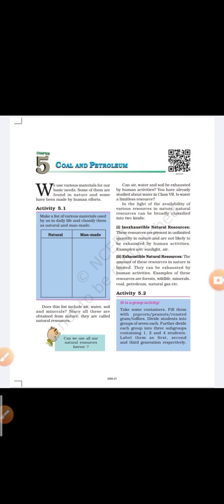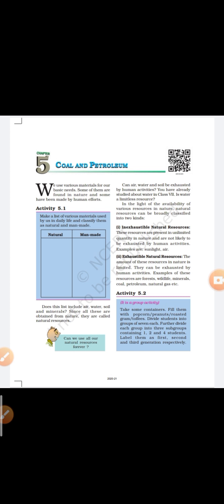So the materials we use in our daily life are classified into two broad categories: natural or man-made. Suppose you are using water in your day-to-day life, then water is a natural material. Second, if you are using plastic, then plastic is a man-made material.